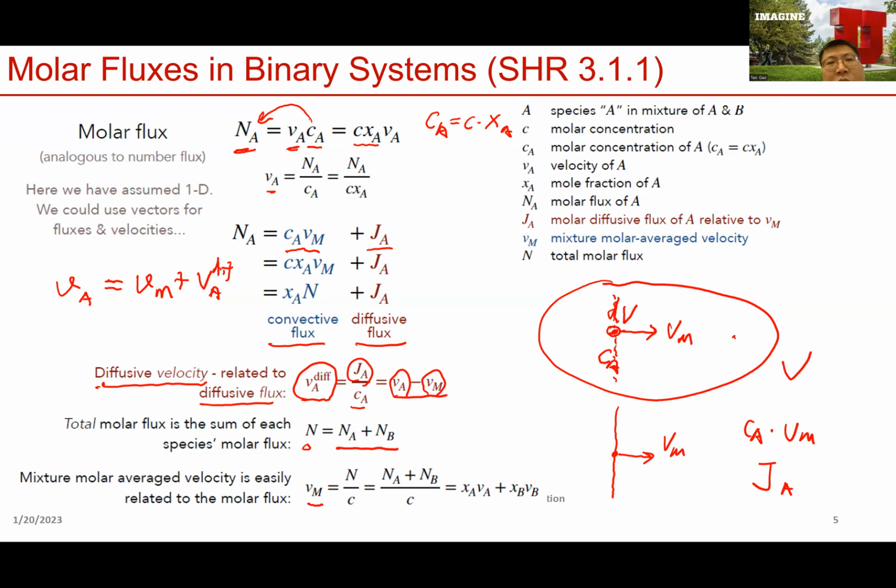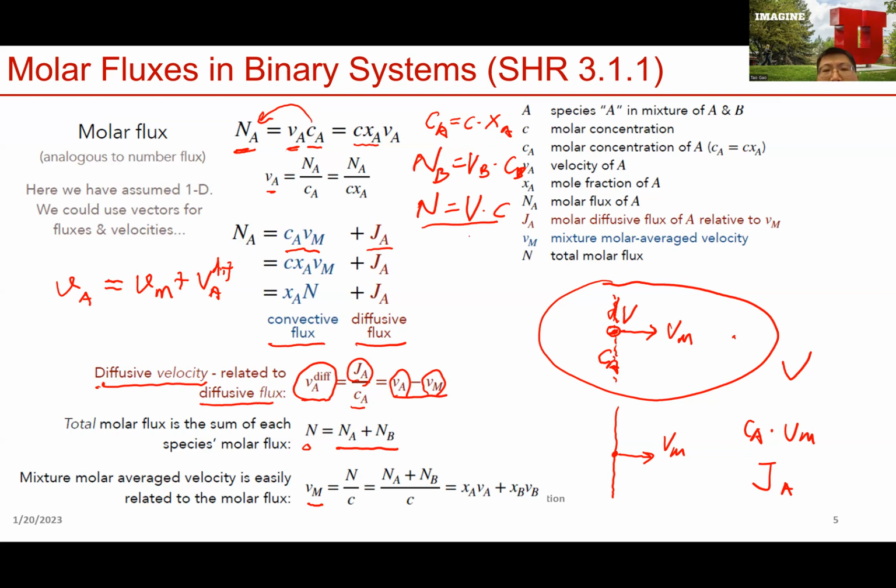If you look at this equation, we can write the same for the total. So we have NA equals VA multiplied by CA, NB equals VB multiplied by CB, and total flux equals V multiplied by C. And this is all by definition, right?